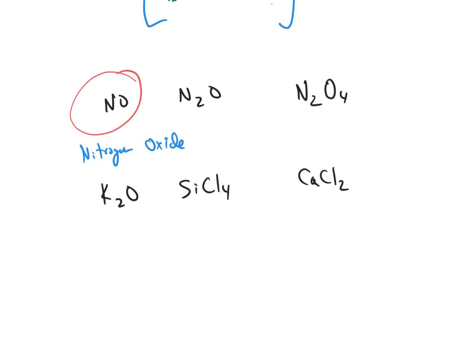Unless the first one only has one, then we don't use the prefix for that one only. So we don't use mono for the first one. But since there's only one oxygen, we do use mono. So this is called what? Nitrogen monoxide. Are we good?